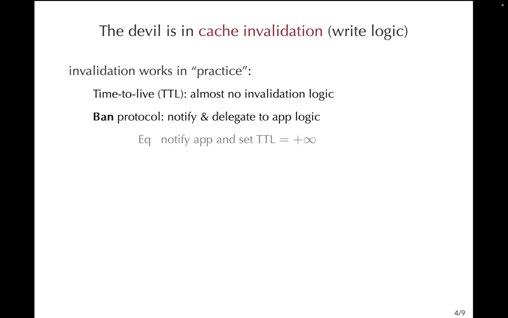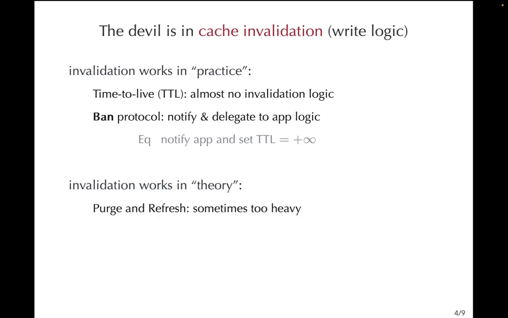We bet on luck to set a correct timer on the cached items. The ban protocol is slightly better. It notifies the application server about the changes by the write operations to the database, but it is up to the application logic to decide the next step. They are both popular in practice since they don't degrade cache performance and are very lightweight.